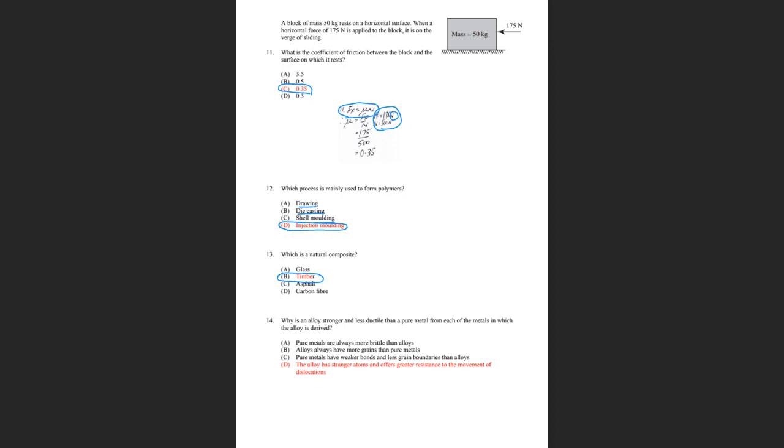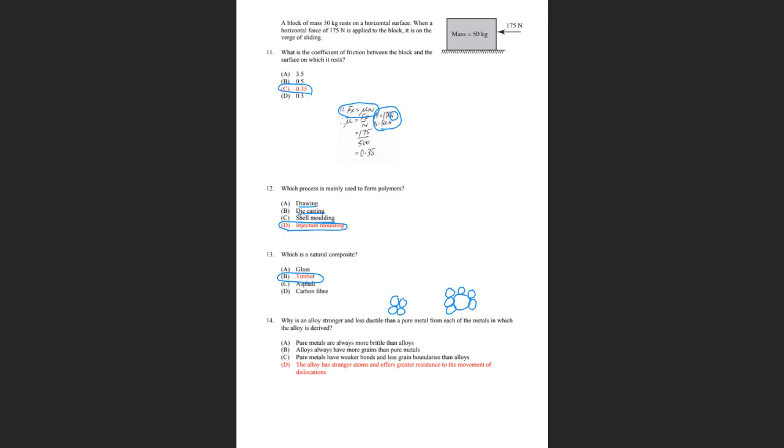Question 14, why is an alloy stronger and less ductile than a pure metal from which each of the metals in which the alloy is derived? So if you've got a pure metal, this is what the structure looks like. You've got one element in the structure, but if you have an alloy, you can upset the slip planes by putting a huge element, the alloying element, in the structure, which will inhibit the movement of slip planes.